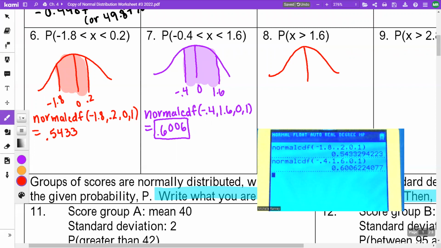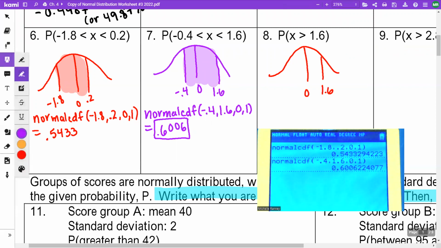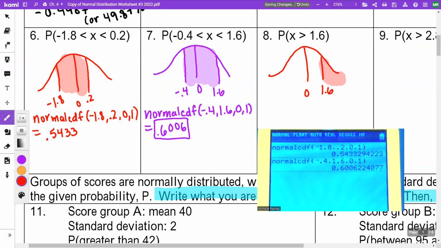Okay. 0, 1.6. Now in this case, I want everything greater than that. So I am going to write normal CDF. Minimum's 1.6. Maximum is going to be infinity, which is 10 to the 99 on the calculator.